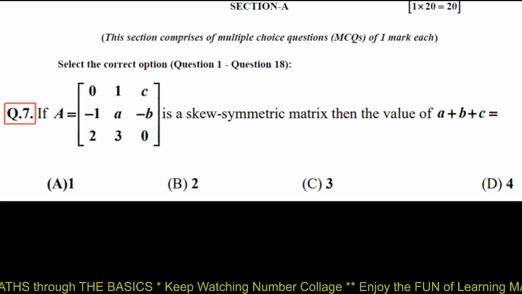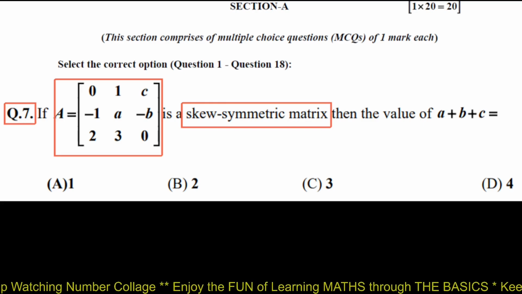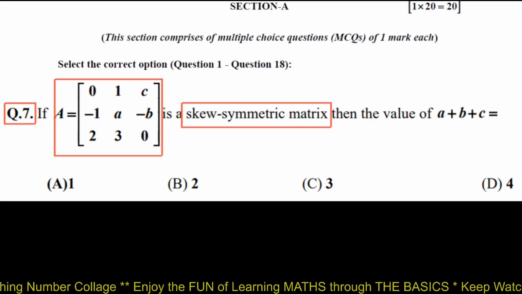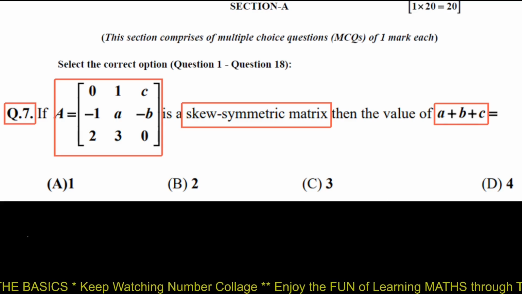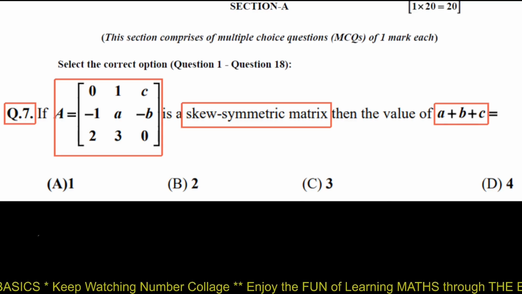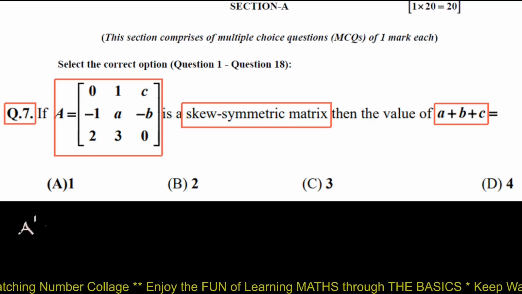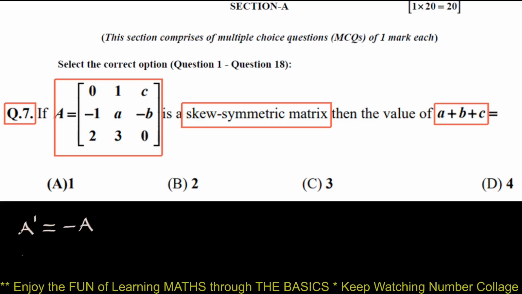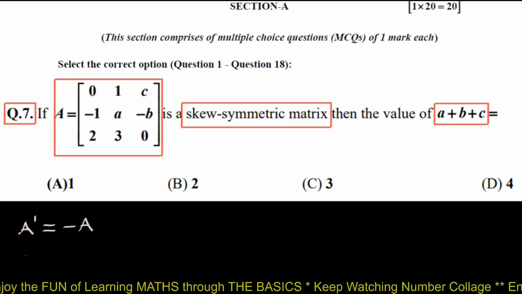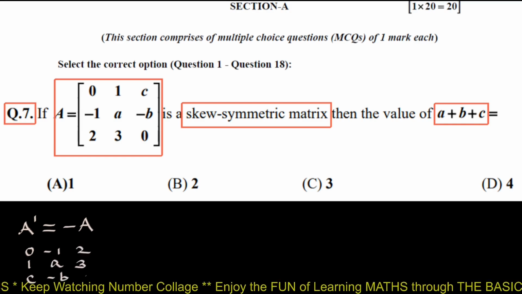Question 7. If A is this matrix, which is a skew symmetric matrix, then we have to find the value of A plus B plus C. If A is a skew symmetric matrix, then the transpose of matrix A equals negative of matrix A. Now the transpose of A will be 0, minus 1, 2, 1, 8, 3, C, minus B, 0.